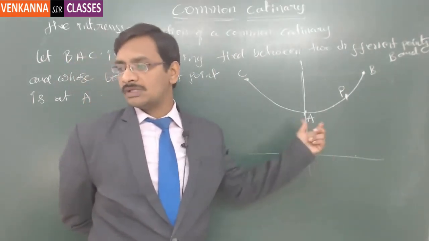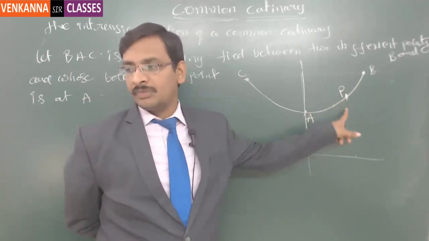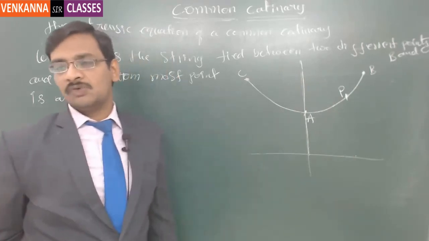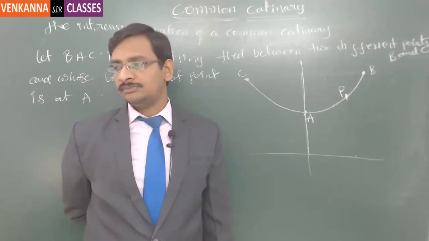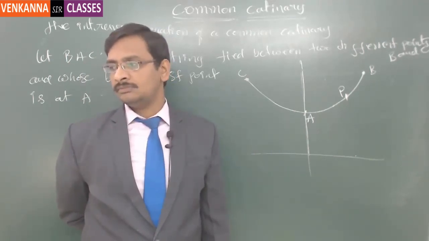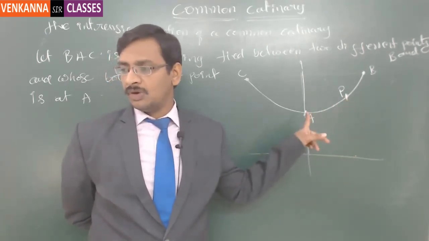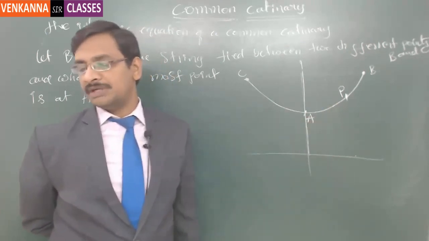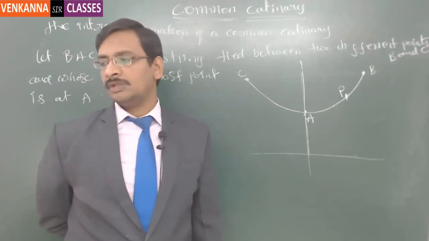What are all the forces acting on the portion AP that keep this string in equilibrium? What forces can you think of? Any guess?